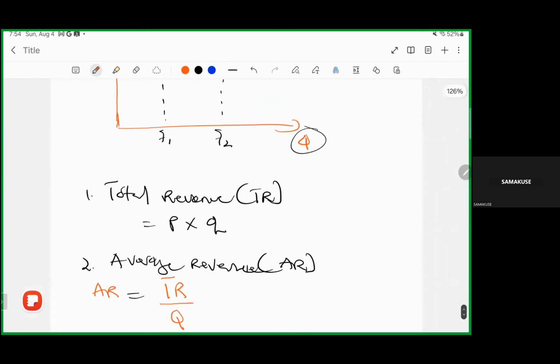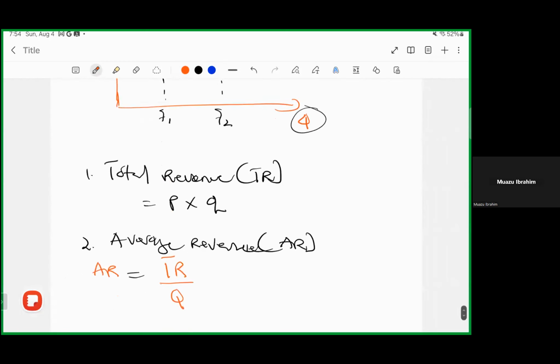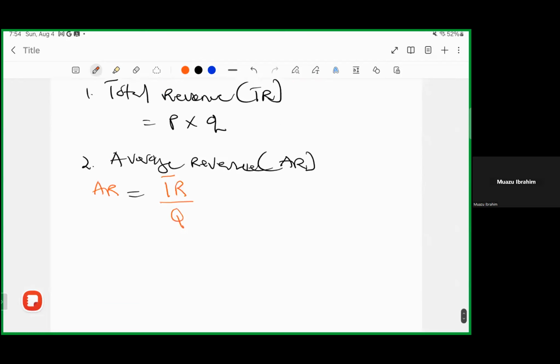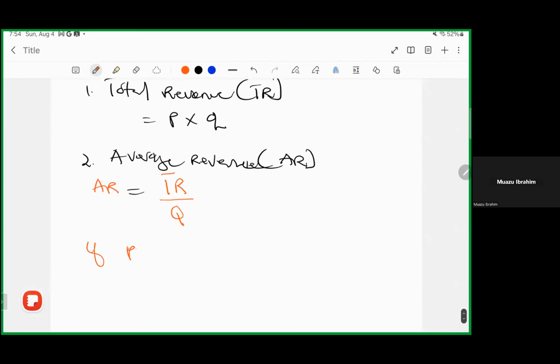Divided by quantity. So please note, for example, if price is 2 and quantity is 1, our total revenue will be 2 times 1, which is 2. What about average revenue?